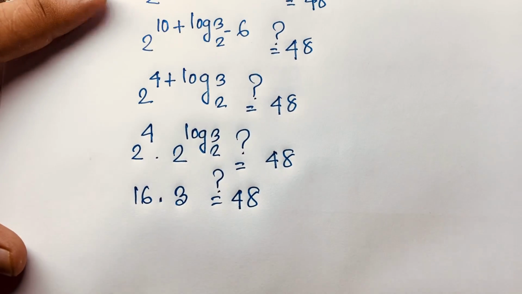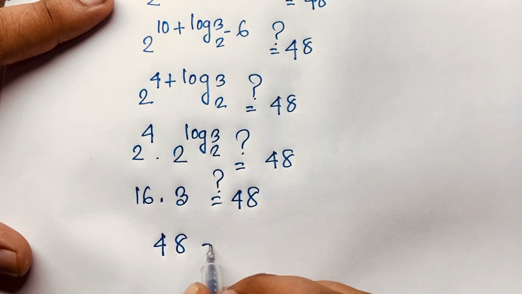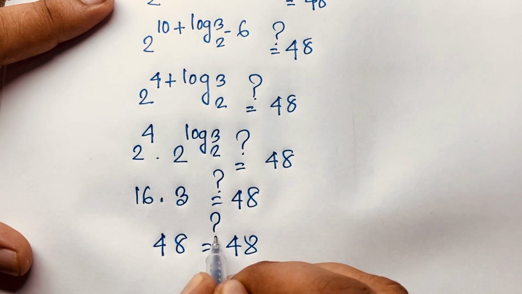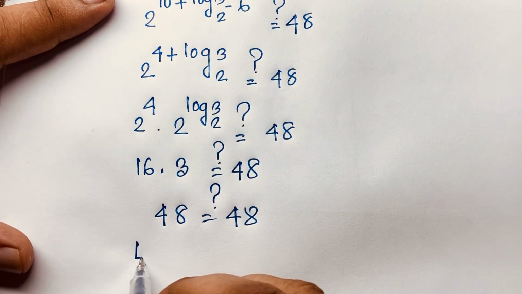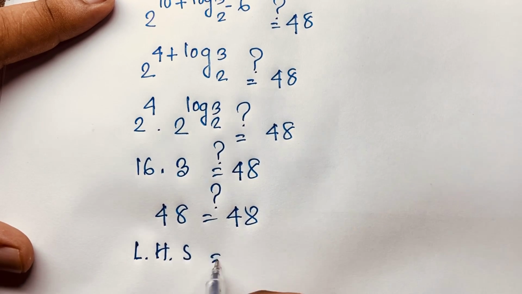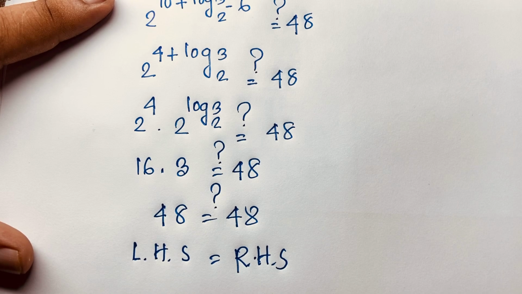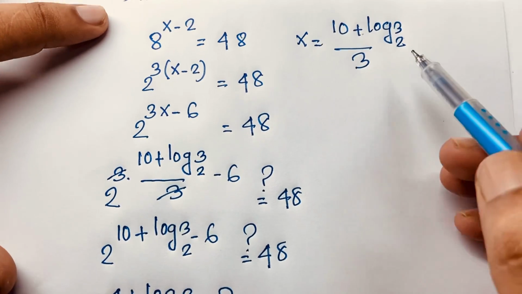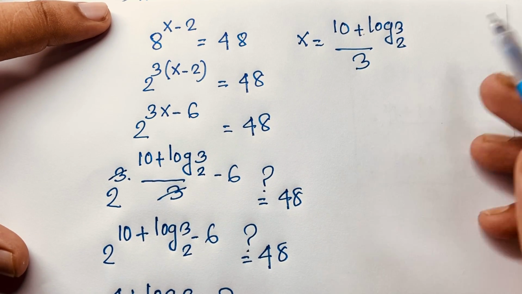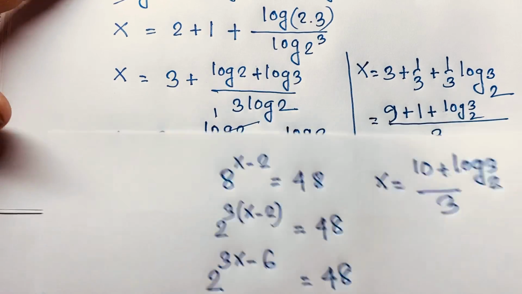Then 3 times 16 is 48, and it is equal to 48. So you can say in this math problem the left hand side and right hand side are both equal. So x is equal to 10 plus log 3 base 2 over 3. This is our final answer in this exponential math problem.